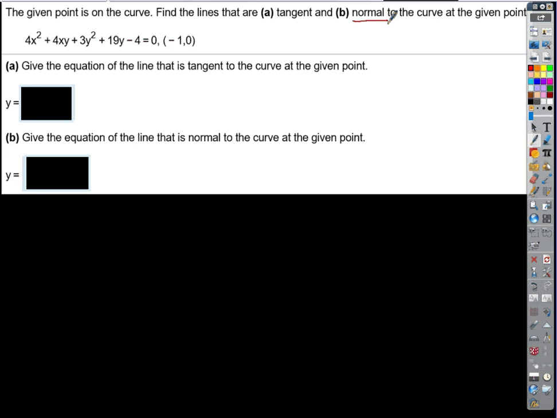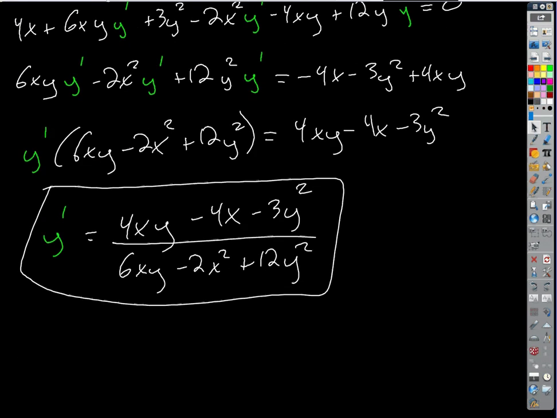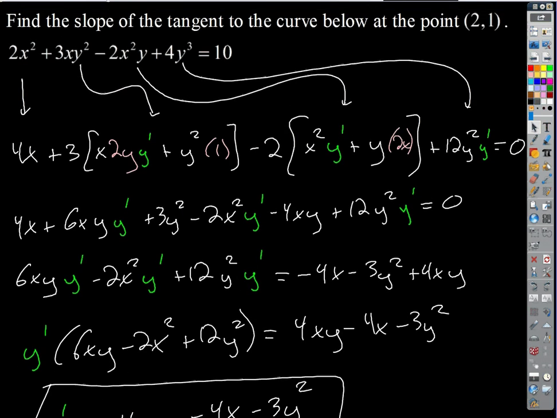Okay, so let's go back to a previous example then. We did this one, right? And we wanted to find the tangent to the curve at that point. We didn't actually do it, but if we plug in 2 and 1 for x and y, that's going to give us the slope, right? Does that make sense? Okay.